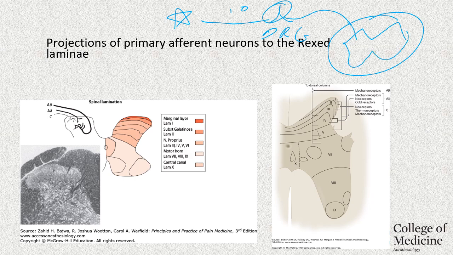And a part of the spinal cord, which is known as the dorsal horn. The dorsal horn is subdivided in certain layers, and these layers are also known as Rexed lamina.